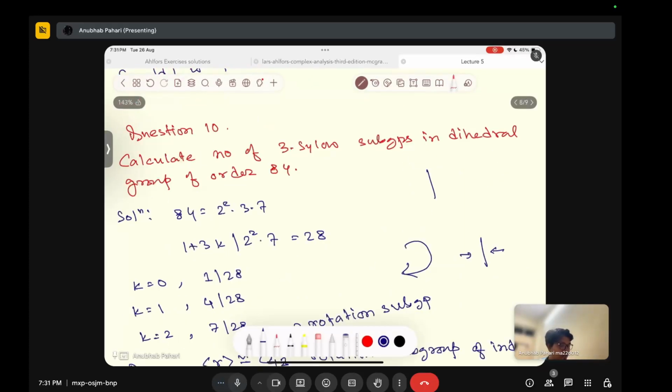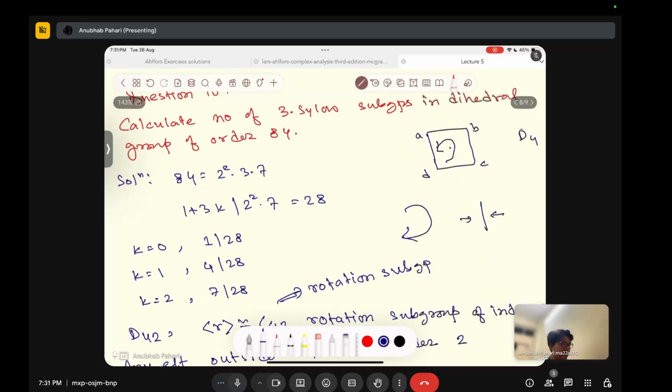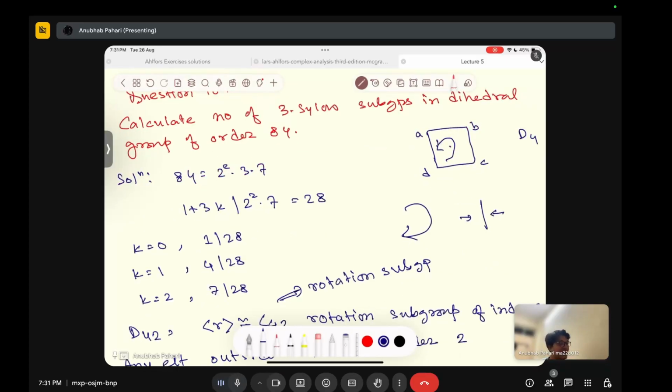Let me explain with D4, the dihedral group of a square. If this is ABCD, then one thing you can do is rotate it. So I took this rotation subgroup, and there are also reflections. When you compose rotation with reflection, you get the dihedral group.